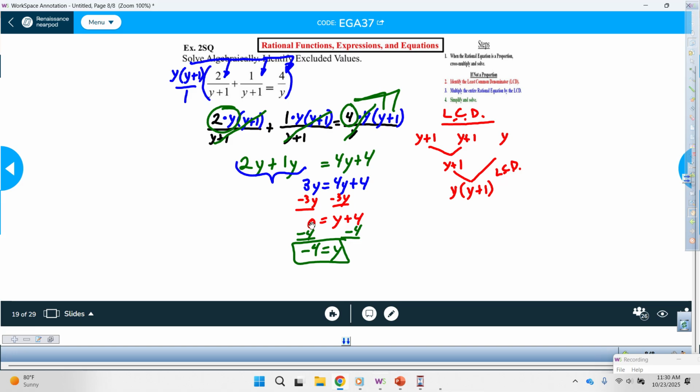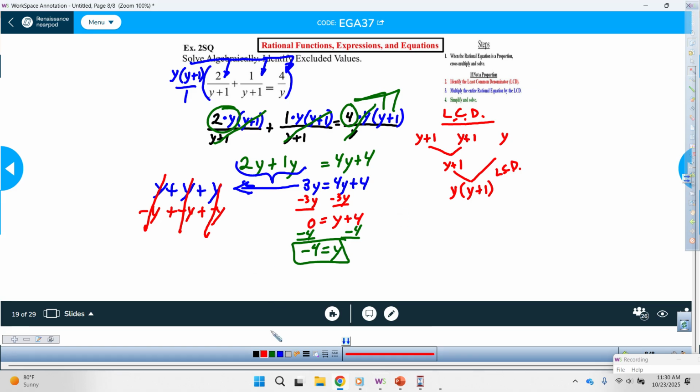Yeah, so you need to go back to your basic swatch. So this is 3 positive y's, this is 3 negative y's. So this cancels, this cancels, this cancels, and it leaves us with.